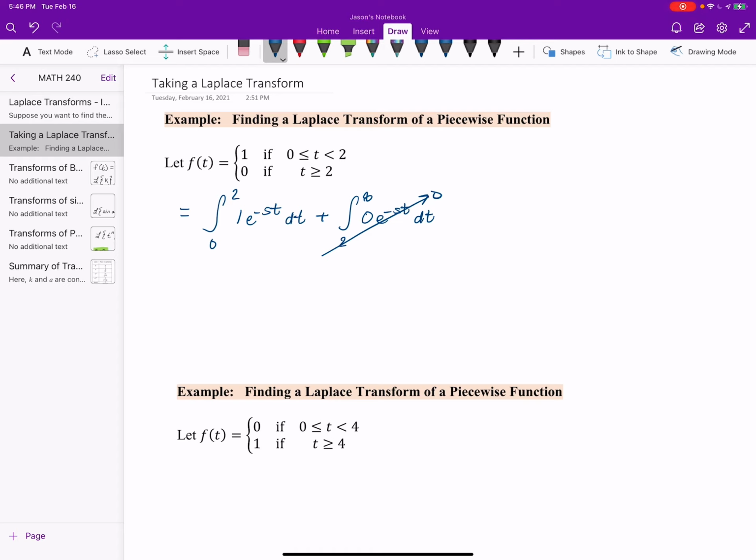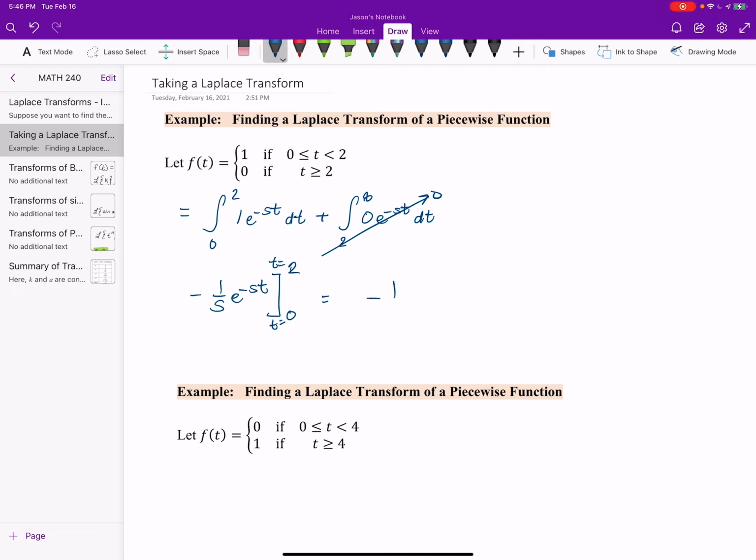So we just integrate e to the negative st, which we know from calculus is negative 1 over s, e to the negative st, evaluated at 2 and 0. And that, remember, is t equals 2 and t equals 0, just so we don't plug into the wrong variable.